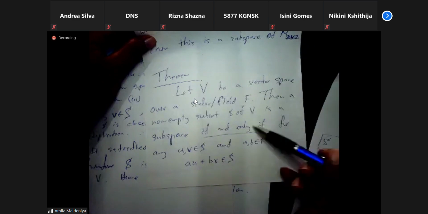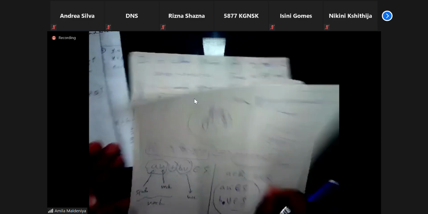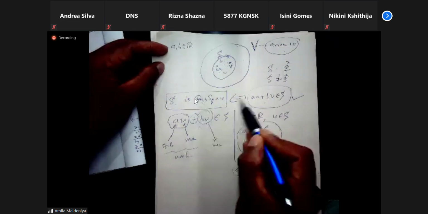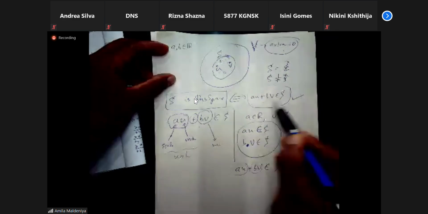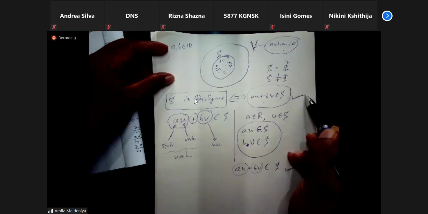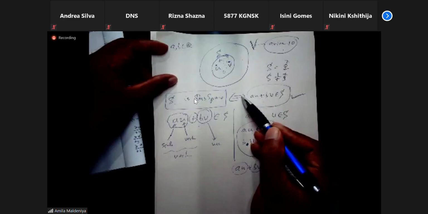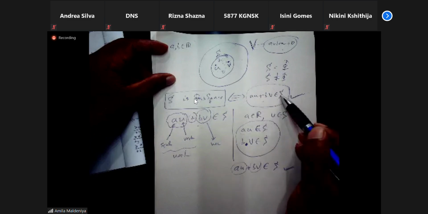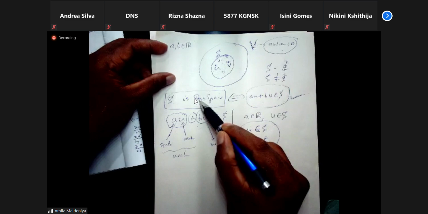S is a subspace if and only if it satisfies this condition. If S is a subspace, definitely this property is satisfied. We just proved the simple part. The other way is: if the subset satisfies this condition for any a, b and any u, v, then S is a subspace. That's the long part.